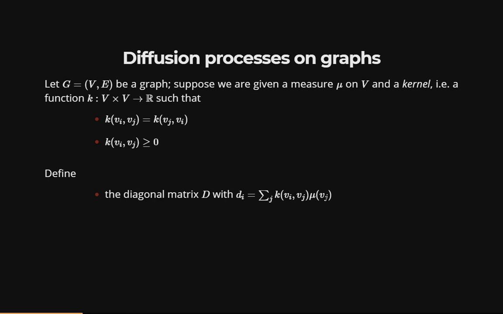We are in the setting of finite graphs, because obviously in any application everything is finite, but you could apply this to an infinite graph or even a metric space.